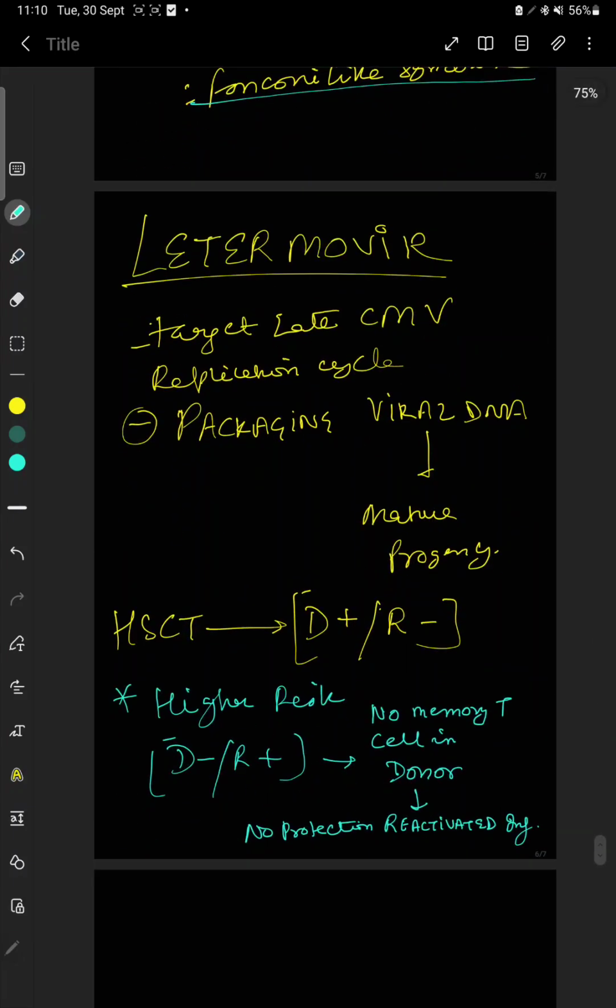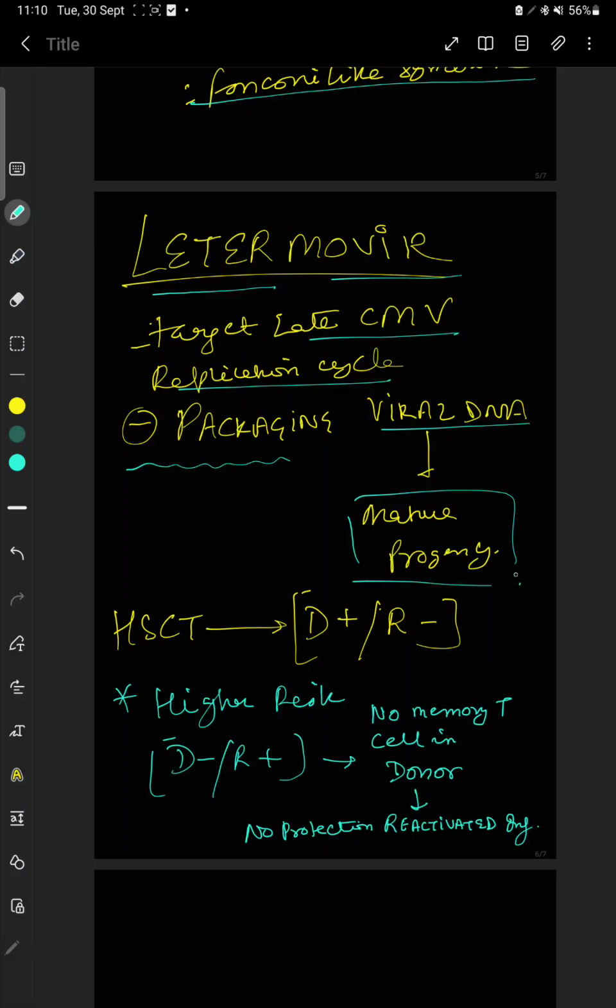There is one new drug called letermovir. It targets the late CMV replication cycle, inhibiting the packaging of the viral DNA to form mature progeny. In the case of a hematopoietic stem cell transplant patient where the donor is positive and the recipient is negative, this drug is very helpful.